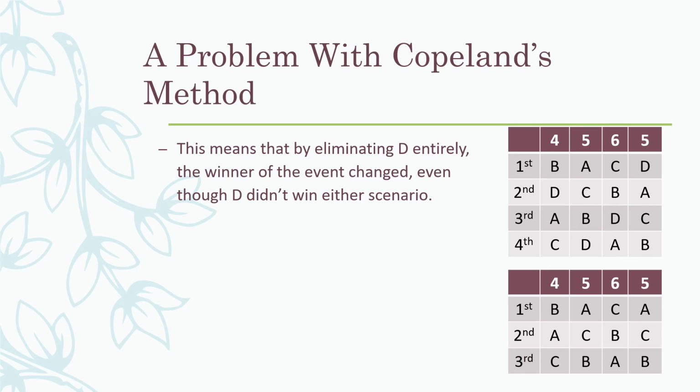That means that we got rid of D entirely from the entire thing, and the event changed the outcome. But D didn't win. It wasn't like D was first place. D did pretty terrible.